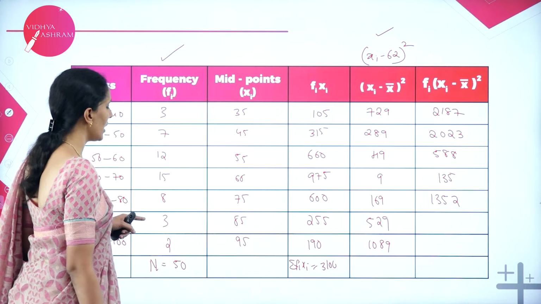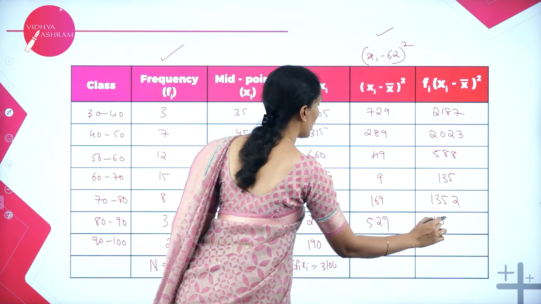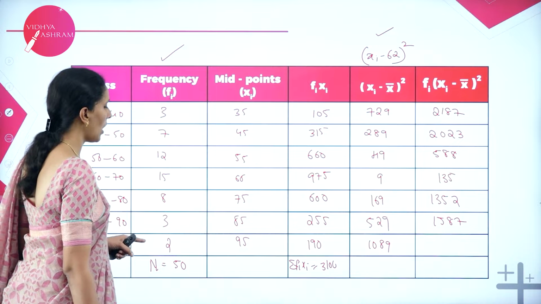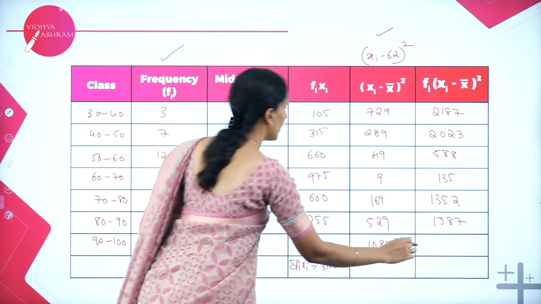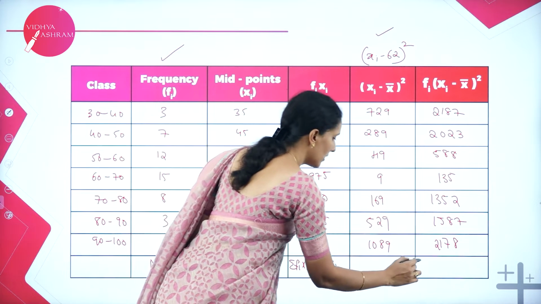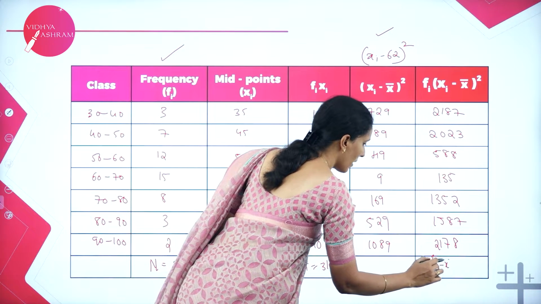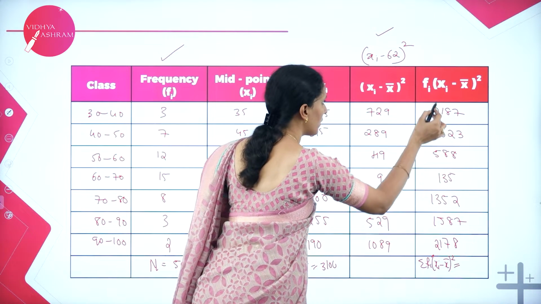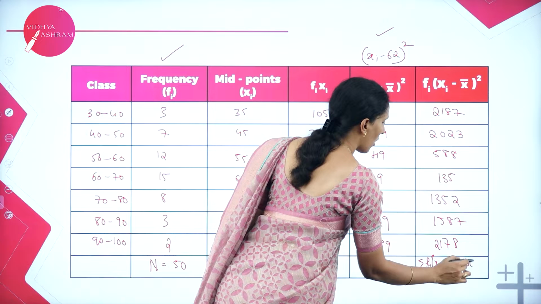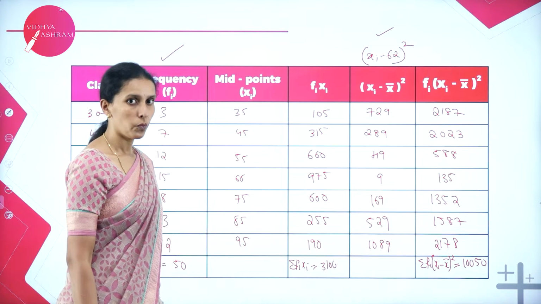Next we have 3 into 529, that is 1587. Next we have 2 into 1089, which you will get as 2178. Let's add this, summation fi xi minus x bar whole square. After adding each row, we will get the value as 10,050.